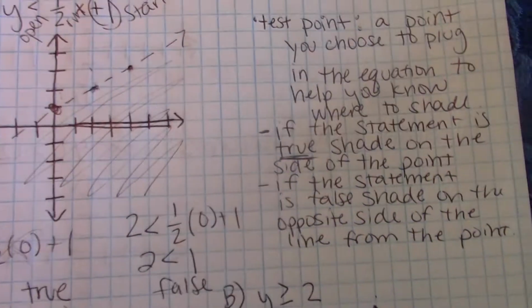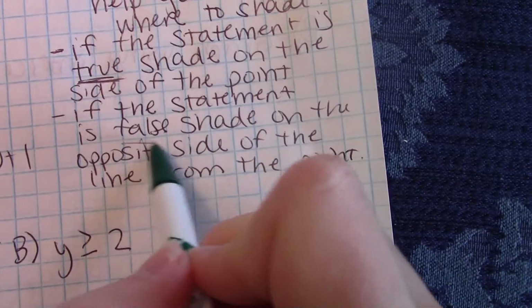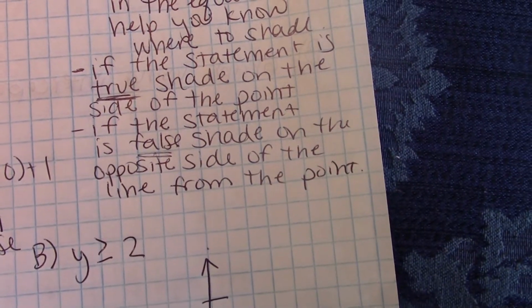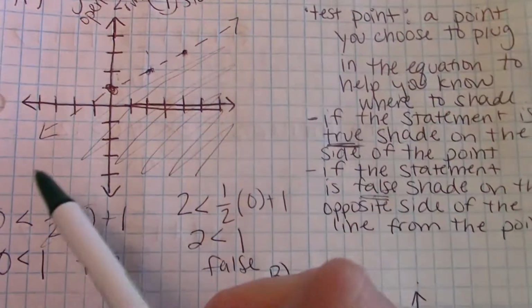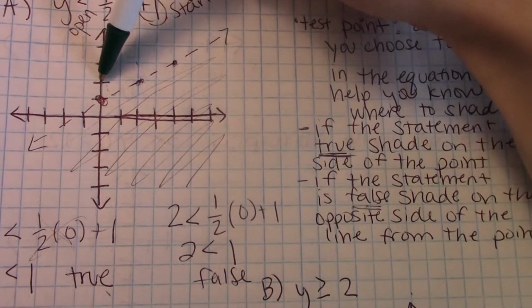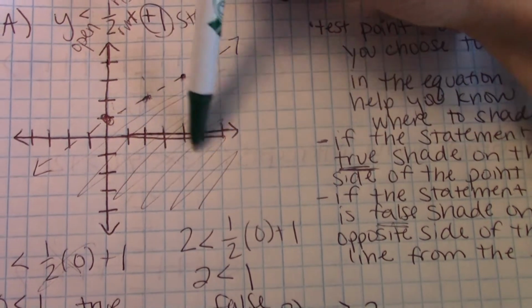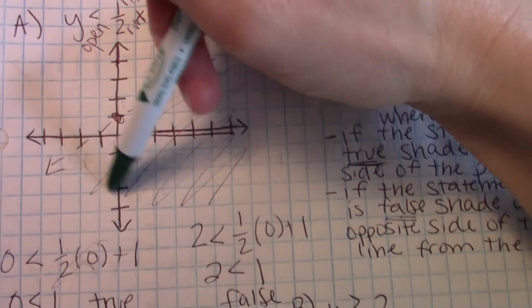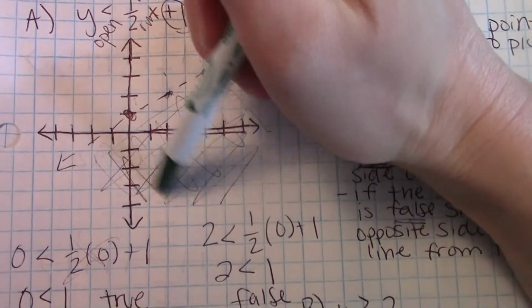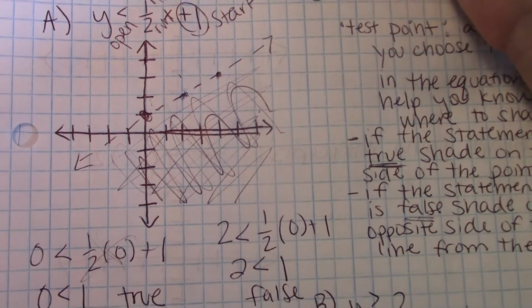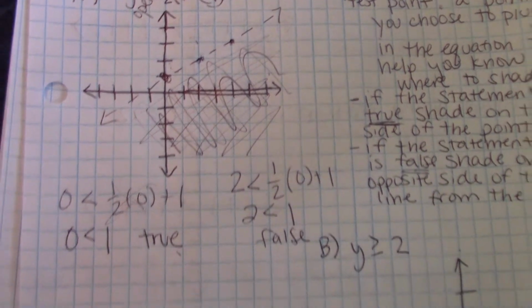If it is false, my note is, if the statement is false, shade on the opposite side of the line from the point. So, here's my line. Here is 0, 2. That was a false statement, so I have to shade down here. Because all of this is my answer. You need to have the shading and the dotted line or the solid line to be correct for this.